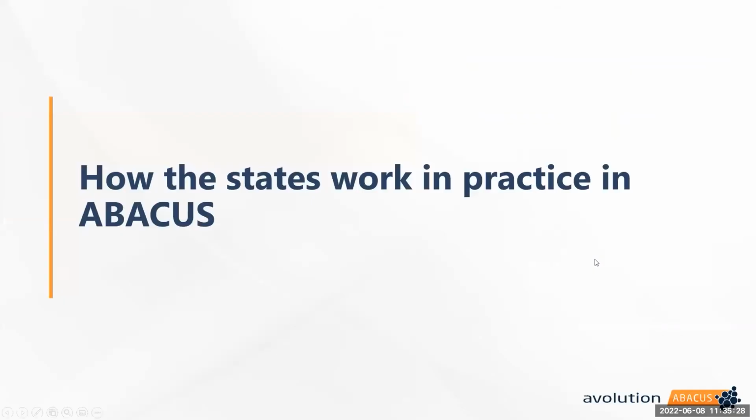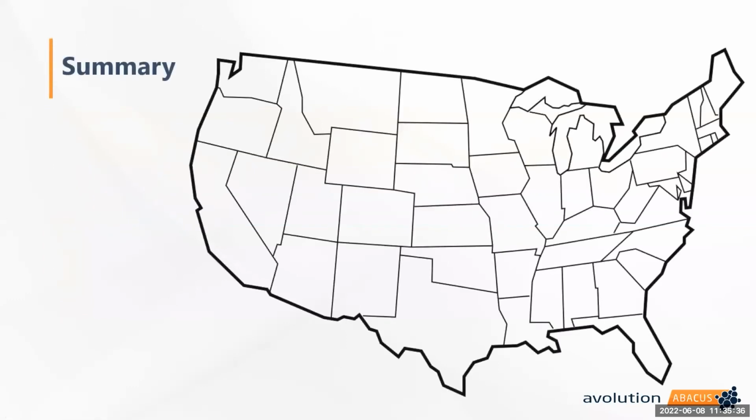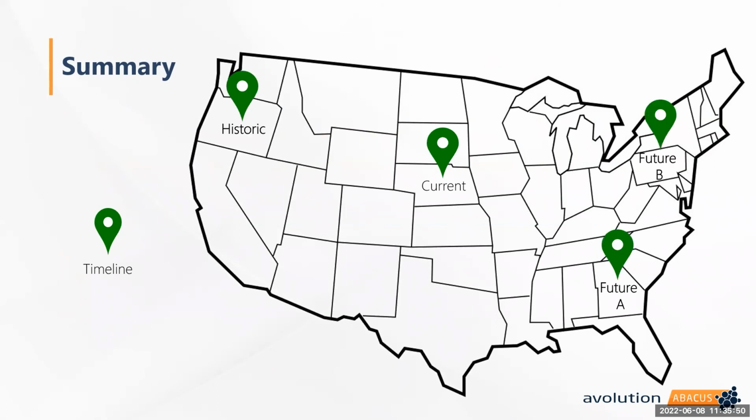And just taking us back to the slides, that's everything that I'm going to run through. And just a final summary of the items that we've considered today. And it's only fair that if I call something the United States of Architecture, that I bring up the United States map. But we've considered the different timeline states. So we're always going to have our current state, but you could have your future states or a historic state to learn where we've come from.